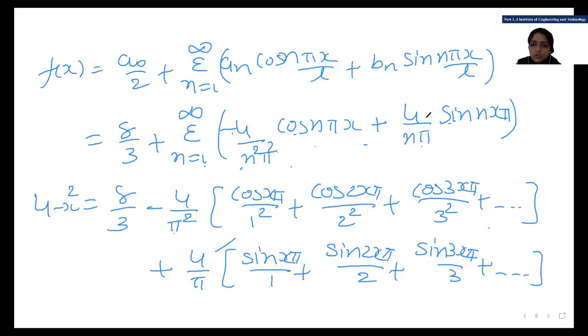So after substituting n is equal to 1, so sine pi x, sine 2 pi x by 2, sine 3 pi x by 3, like that. Okay. Now, Vivek, now clear your doubt? Okay. Now, so we'll move.